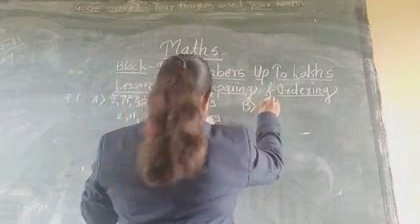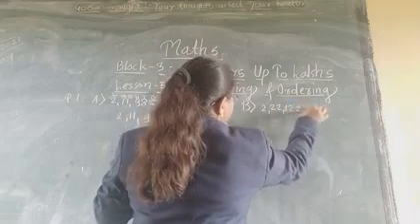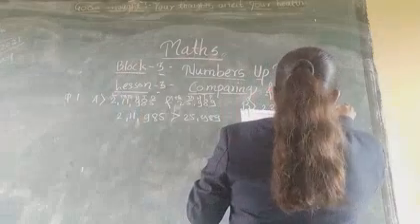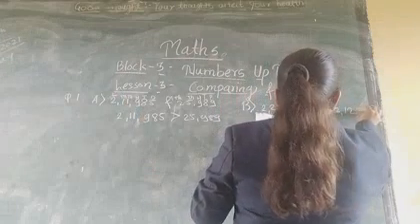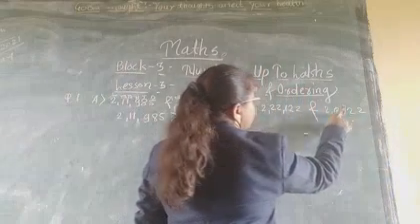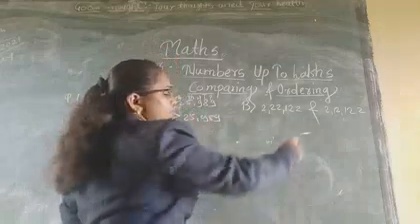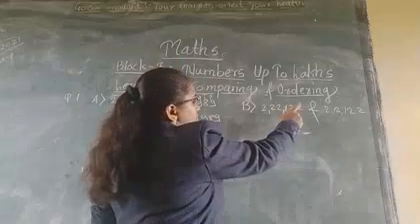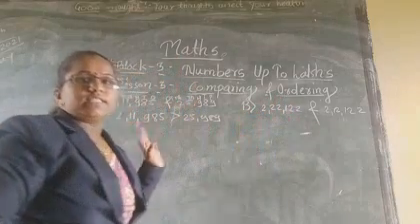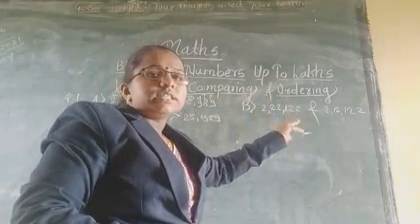See question B: 2,22,122 and 2,12,122. Students, both are 6-digit numbers.